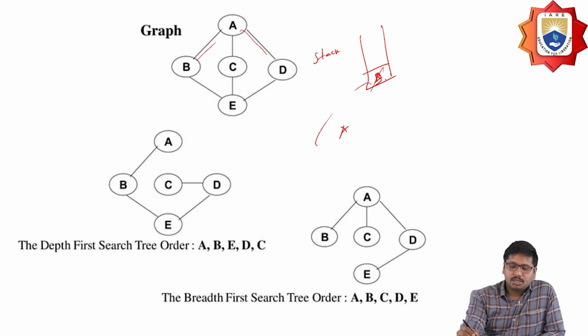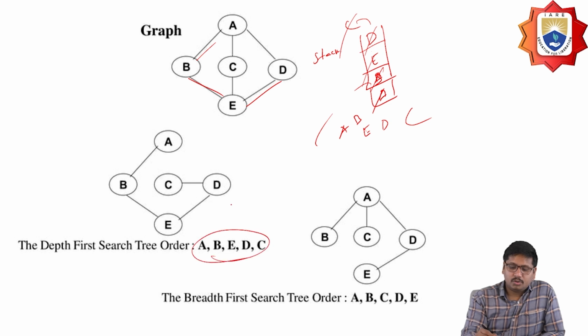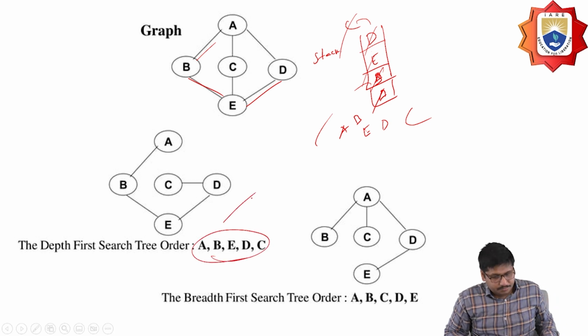Then for B, E is there. So pop out and push E here. What are the vertices adjacent to E? D. So A should be popped out, and D should be there. For D, C should be there, and finally C. So this should be the resulting order of the DFS.